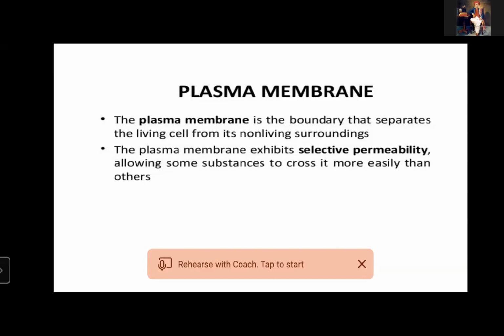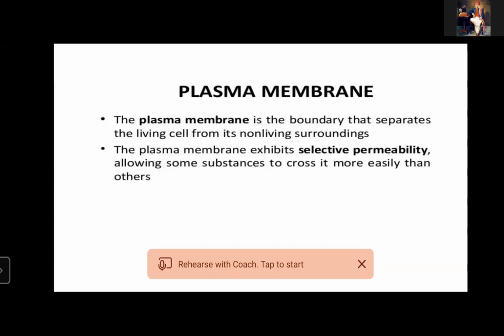The plasma membrane is the boundary, that means it is the protection of the cell. It is the outermost layer of the cell. The plasma membrane is the boundary that separates the living cell from its non-living surroundings.